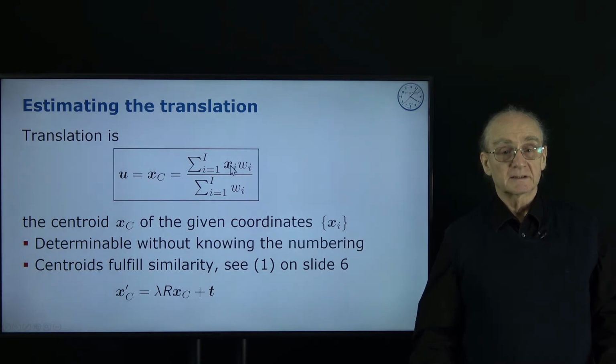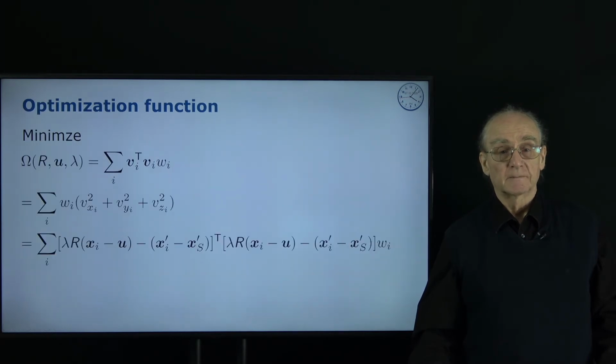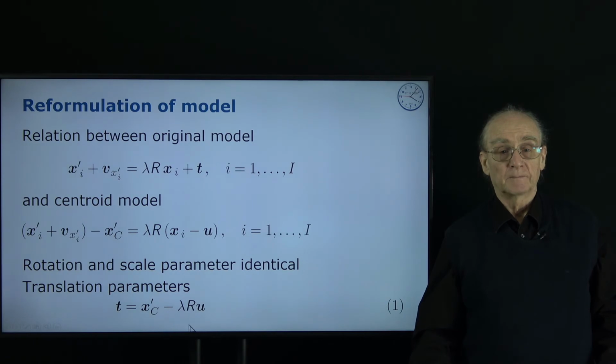And the second is, if we now plug in u equals xc into this equation on slide 6 and solve for xc on the other side, we get xc prime equals lambda r xc plus t.